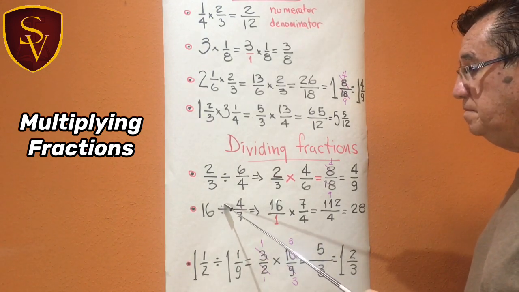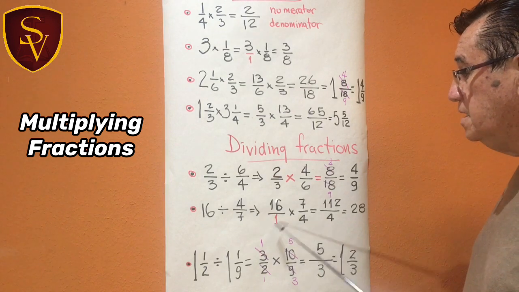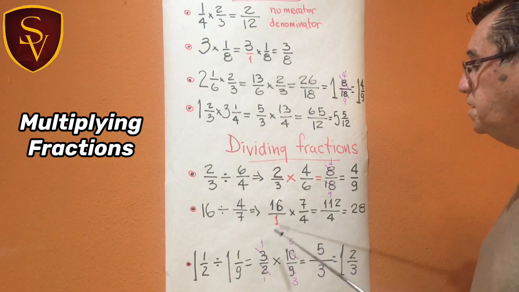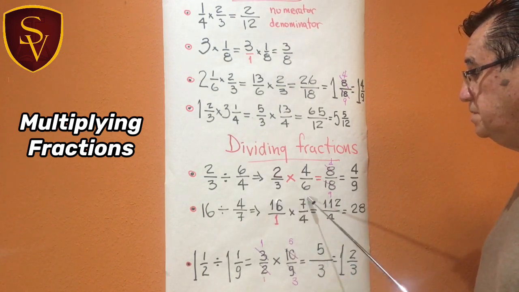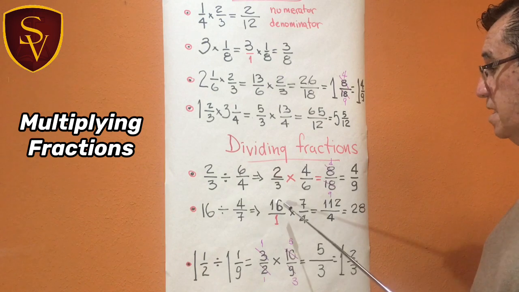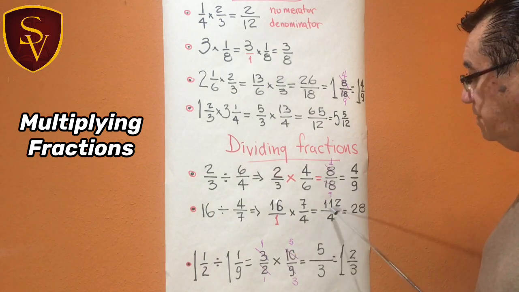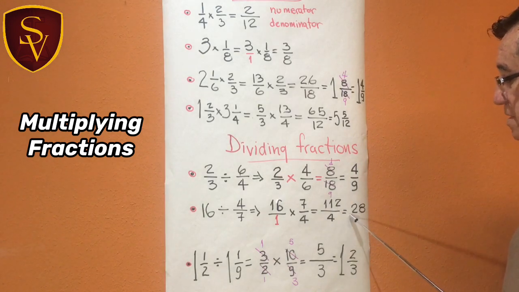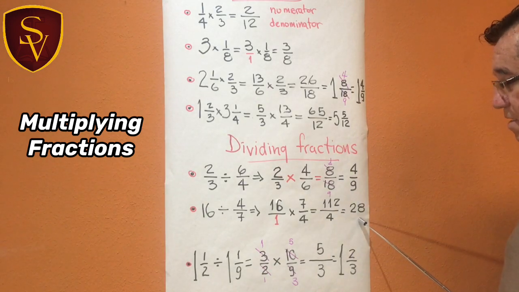We change the division to multiplication and we change the position of the numerator and the denominator. So 7 becomes numerator and 4 becomes denominator, and this is a multiplication. The answer is 112 divided by 4, which gives us 28 as an answer.